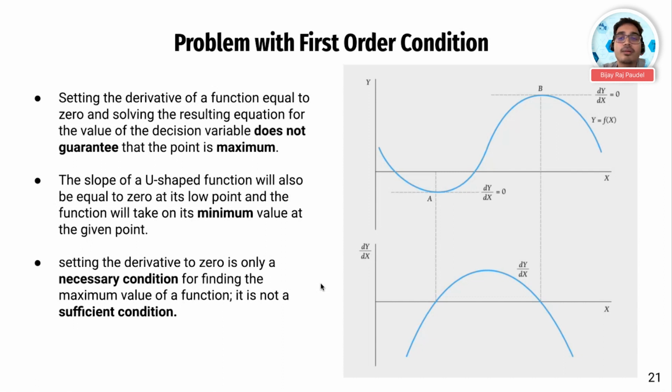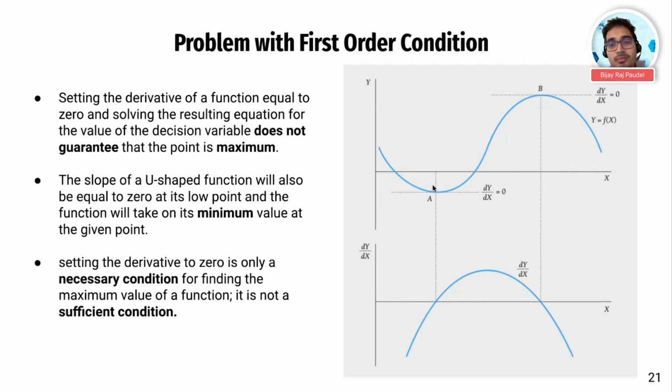But there is some problem with just using that derivative and equating that to 0. In our problem, we want to maximize the profit, but the derivative will also be 0 when the profit is minimum. So it works both ways.